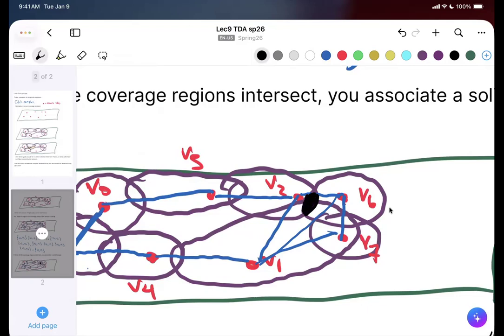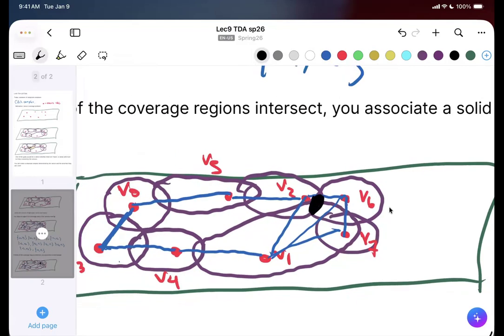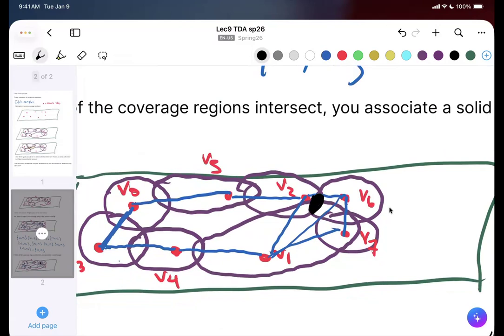And then where else? V6, V7, and V1, they also have a triple intersection.